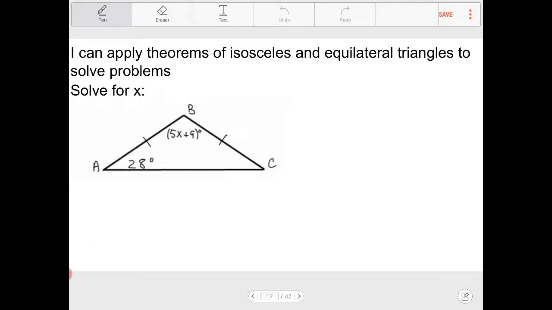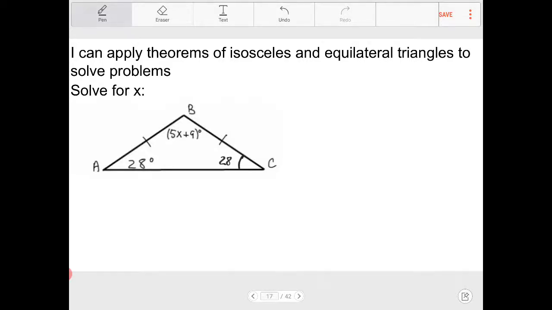Now let's utilize those facts to solve these problems. Right now we have an isosceles triangle, as indicated. What do we know about these two sides that are the same? We have side length AB is the same as side length BC. With that understanding, we now know that this angle over here must be the same as the left-hand side, which must also be 28.